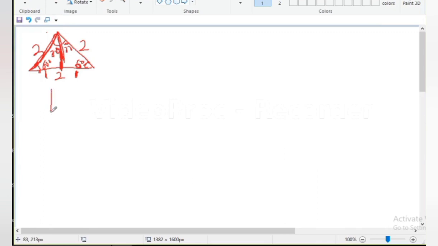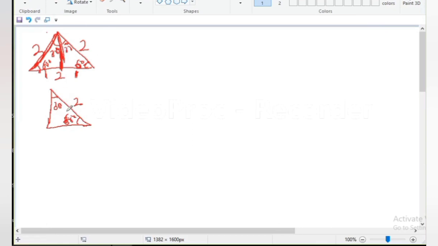So if you take one half of it, here is 60 degrees, while this is 30 degrees. This side is 2.